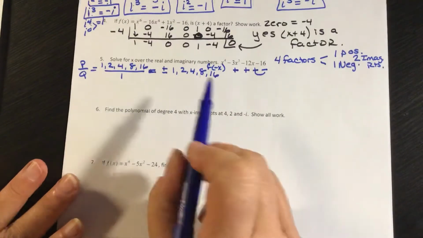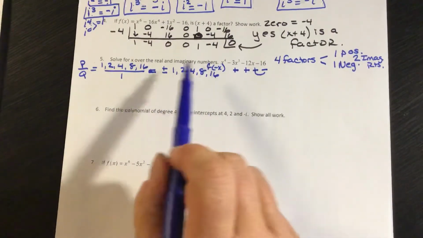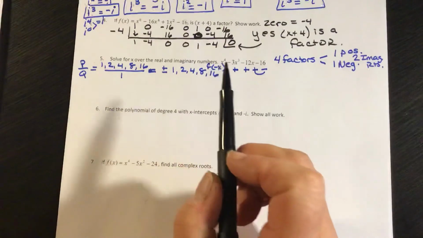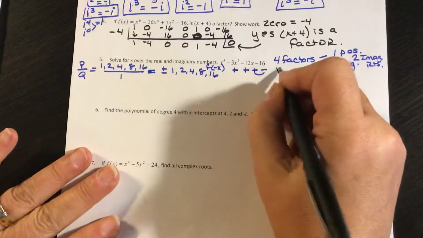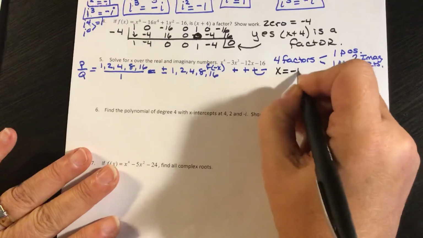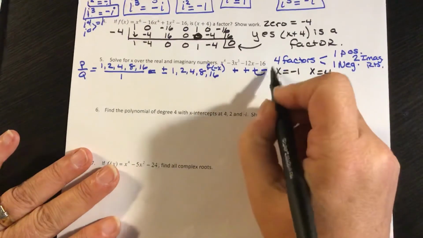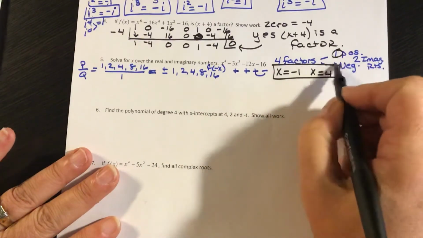Now, this is where I can use Desmos to help me find out what those roots are. When I put my equation into Desmos, I look for the x-intercepts, and I'm going to have an x-intercept at -1, and I'm going to have an x-intercept at 4. So here's my positive and negative roots.